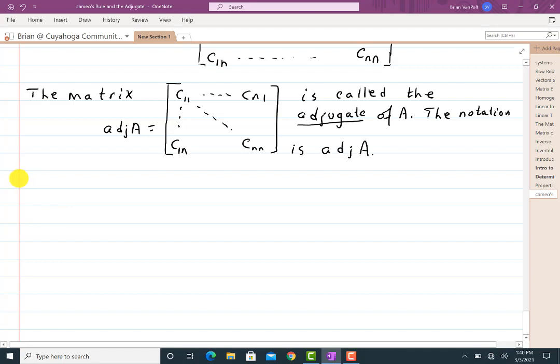All of this work has led to the following theorem. Let A be an invertible n by n matrix.